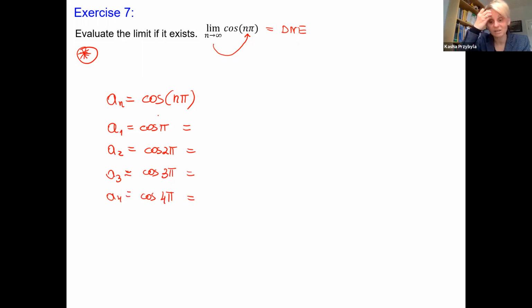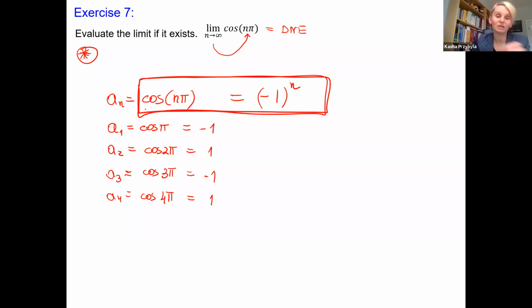What's the cosine at pi? Can you tell me cosine at pi? -1. Cosine of 2 pi, +1. Cosine of 3 pi, -1, and so on. That means I can tell you that cosine of n pi behaves exactly the same as this.